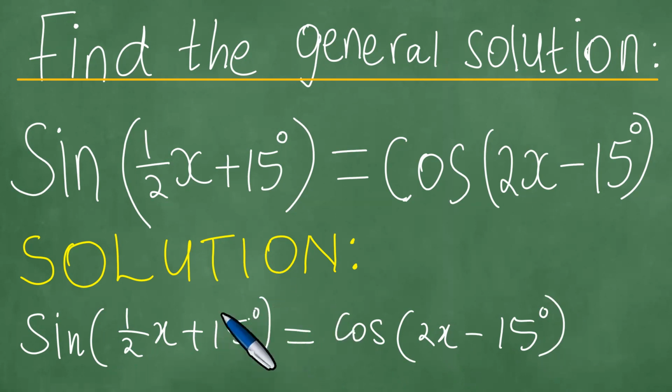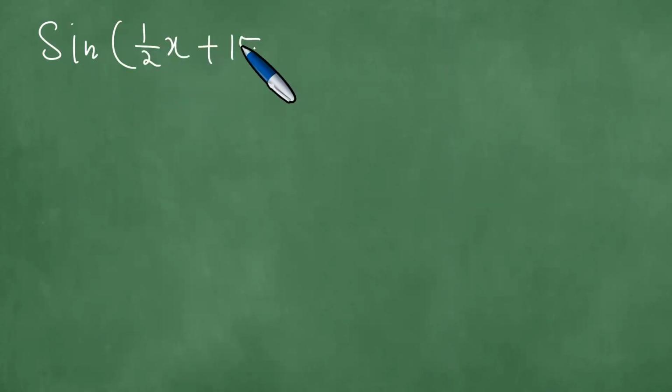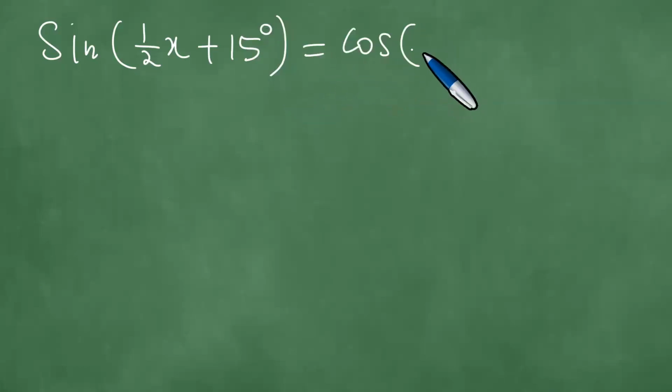Right, and we analyze this and realize that these are co-functions of each other, because the co-function of the sine is the cosine and vice versa, the co-function of the cosine is the sine. And so we proceed as follows. The sine of 1/2 x plus 15 degrees is equal to the cosine of twice x minus 15 degrees.